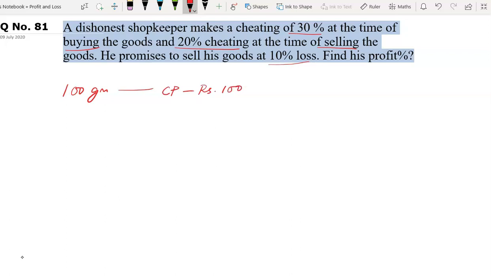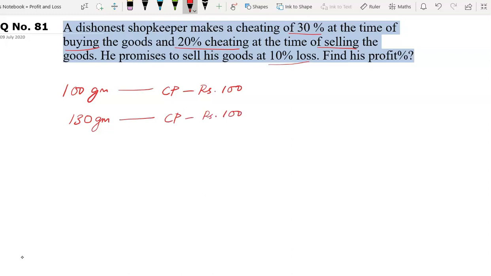So he makes a cheating of 30% at the time of buying the goods. That means he gets 130 gram and his CP will remain the same, 100.